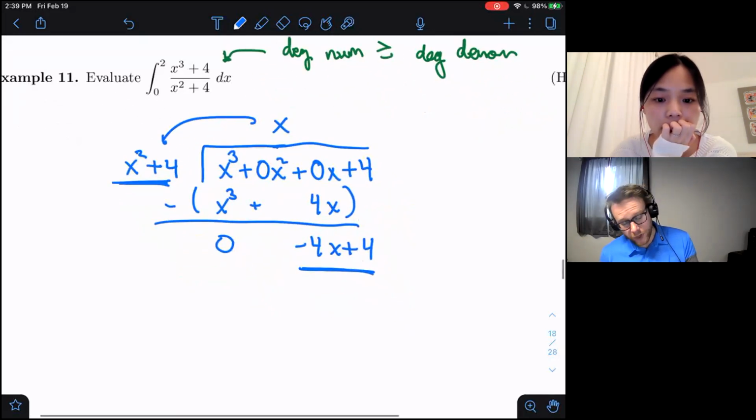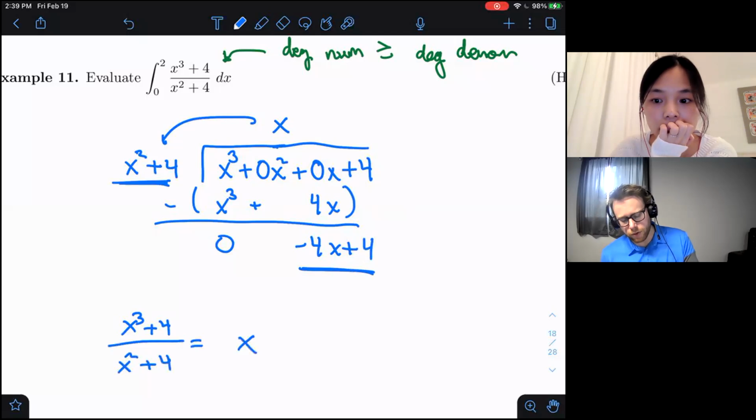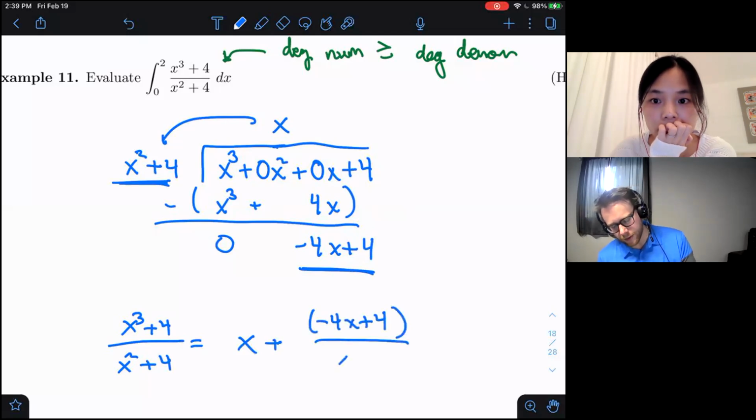So now we can rewrite x cubed plus 4 divided by x squared plus 4 as equal to the quotient x, the thing at the top, plus our remainder, which still needs to be divided by the original polynomial, x squared plus 4.